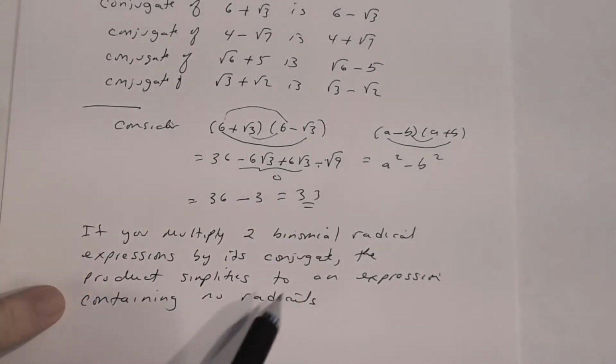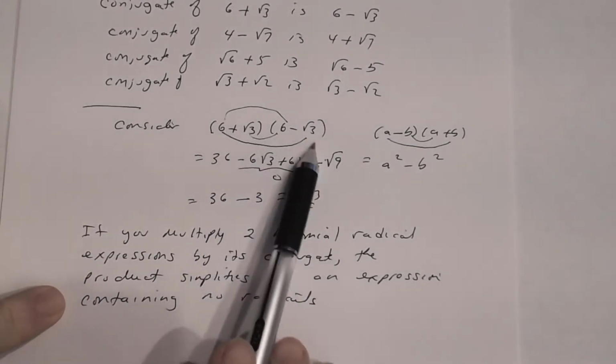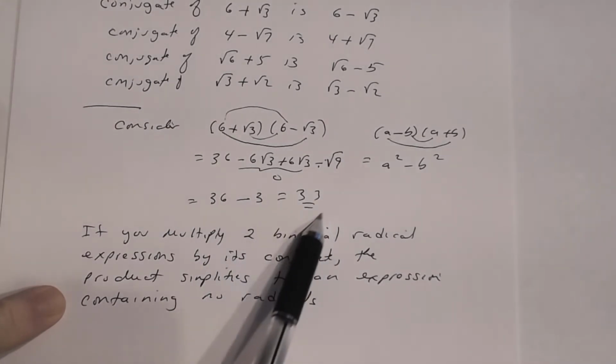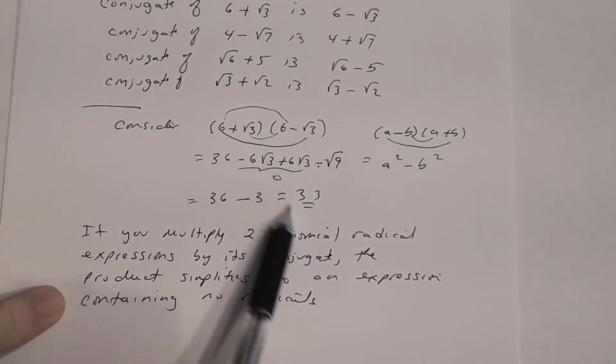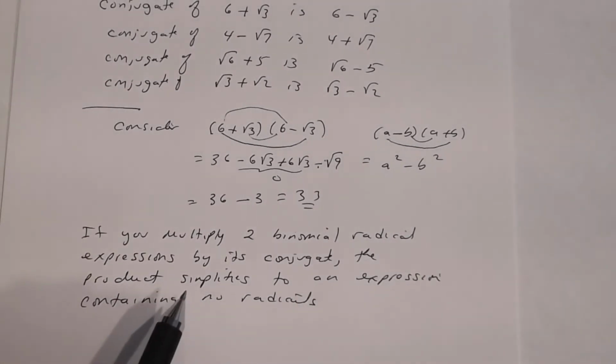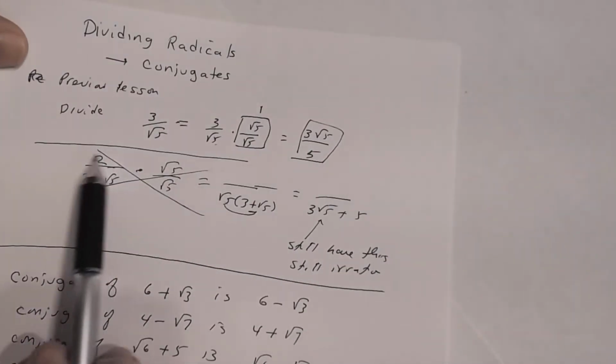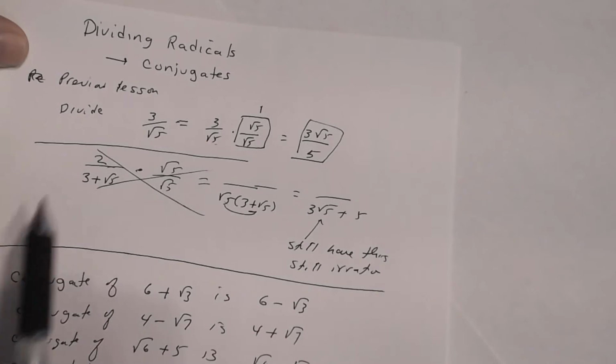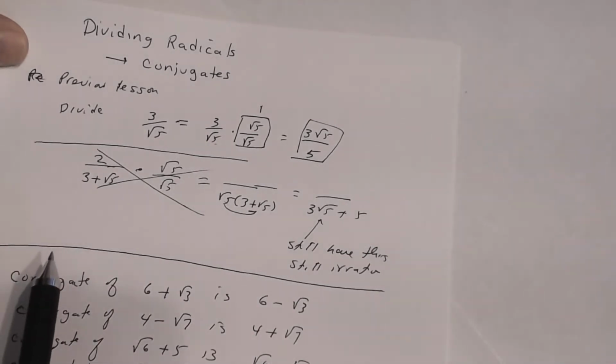What we're saying is that when you multiply, you're going to end up with an expression, an answer, that has no radicals in it. Okay? And so that's the idea that we're going to use to rationalize this denominator, to get rid of that square root in the denominator. We're going to use the idea of conjugates.